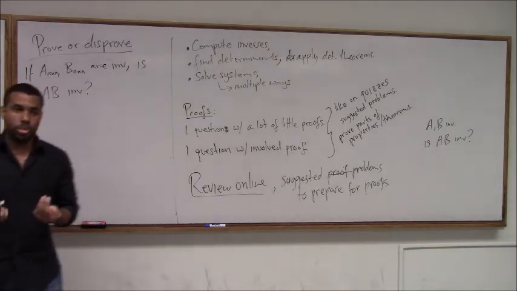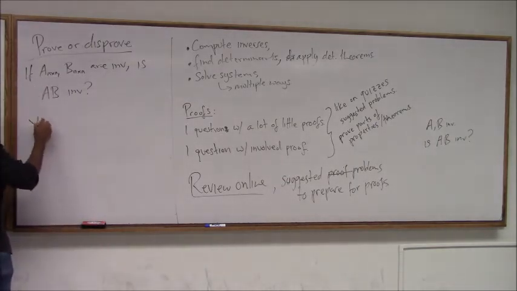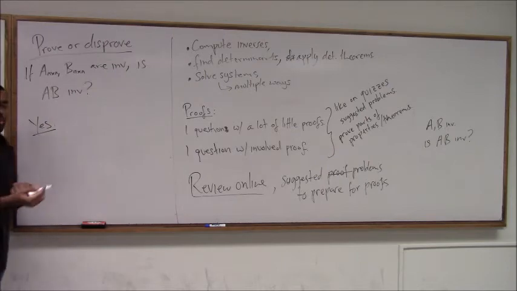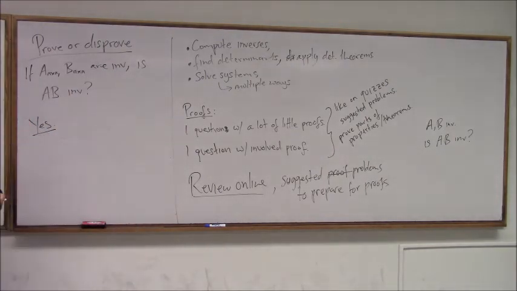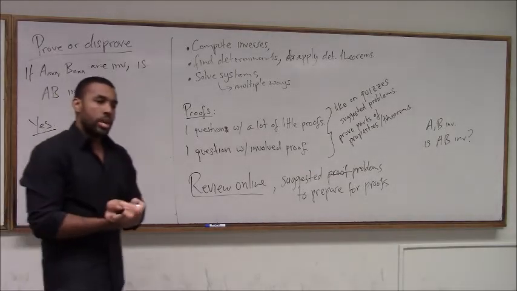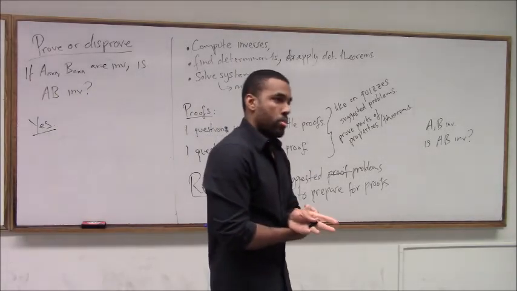So let's say you say yes. Justify that. Because A and B have an inverse, the determinant is not 0, so the product of the determinants is not going to be 0. So you could do a determinant argument, where you have to actually employ a part of the equivalence theorem.